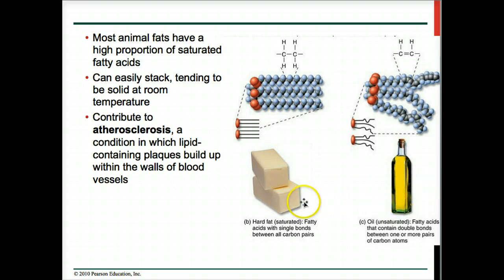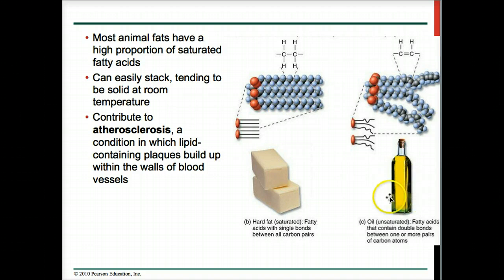Looking at these 2, when you think about eating them, which one do you think is most likely to clog an artery? Well, that would be the saturated, right? So saturated fatty acids are known to contribute to something called atherosclerosis, which is a condition in which lipid-containing plaques can actually build up in the walls of your blood vessels.